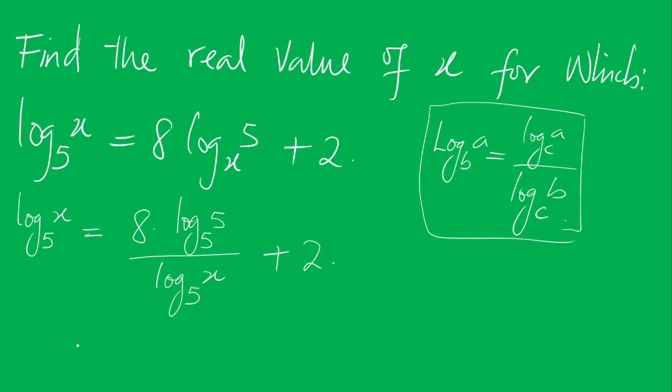Now there is another rule of logarithm where log of any number to the base of that same number is equal to 1. So we're going to apply that rule here. Now we have log x base 5 is equal to 8 times log 5 base 5 divided by log x base 5 plus 2.